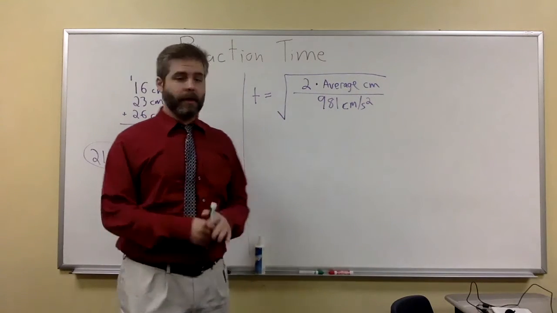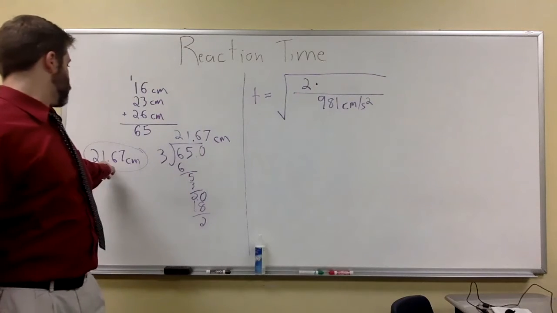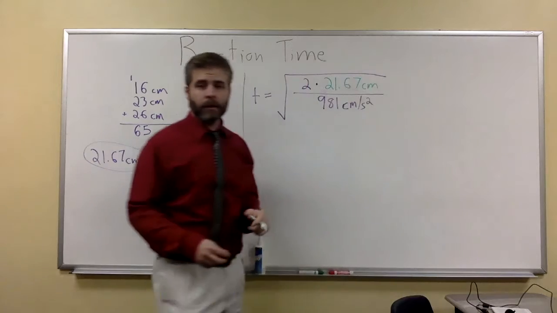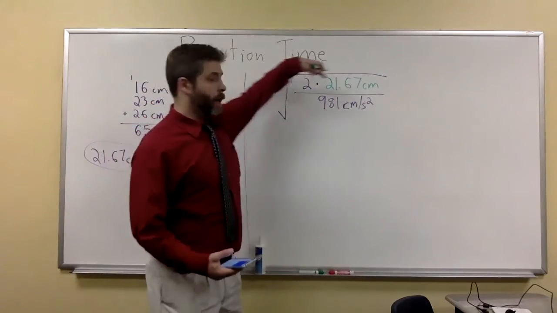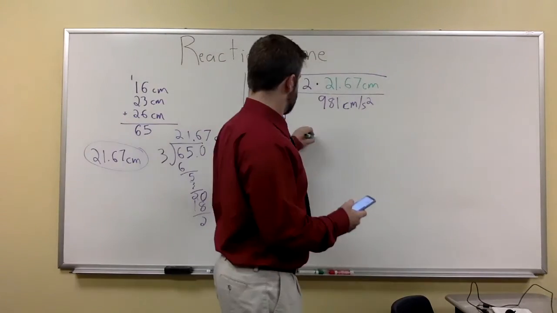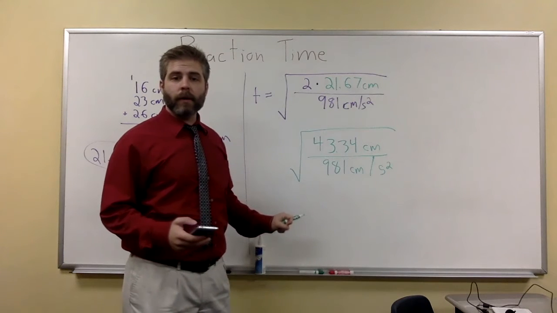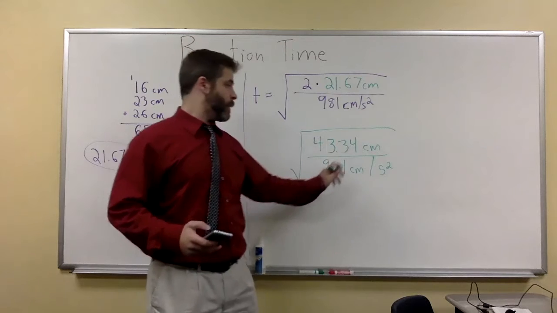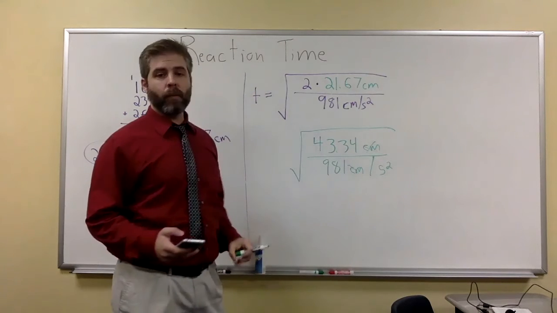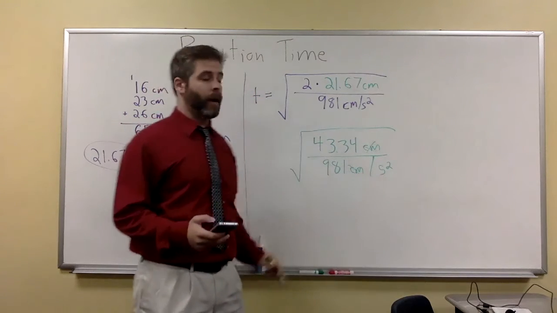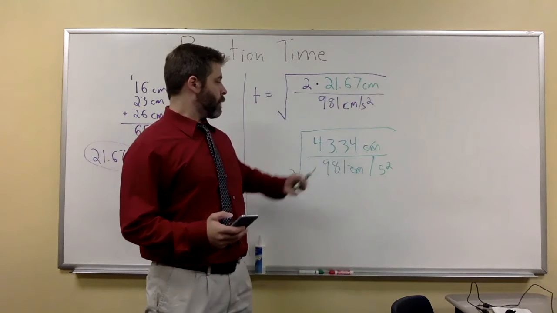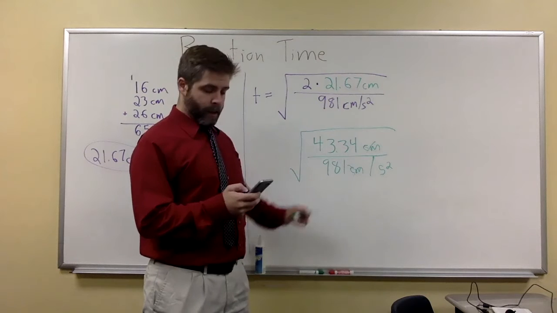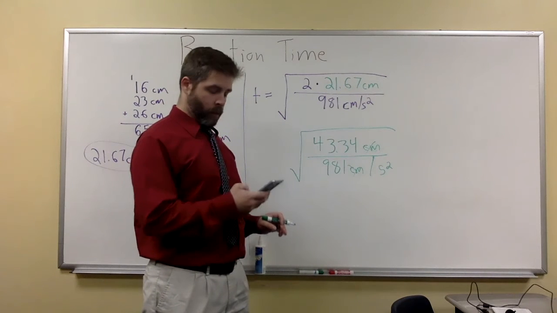So let's plug our numbers in. My average was 21.67 centimeters. So we are going to start by multiplying 2 times our average. Next, we are going to divide numerator by denominator, and look at that, centimeter divided by centimeter. We can just cross that out, right? And we are left just with the numbers and seconds squared. 43.34 divided by 981.